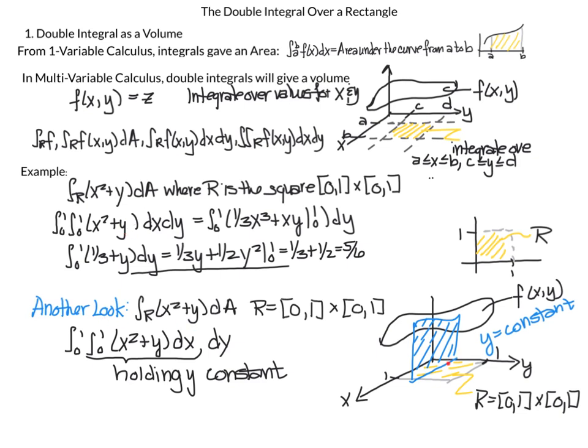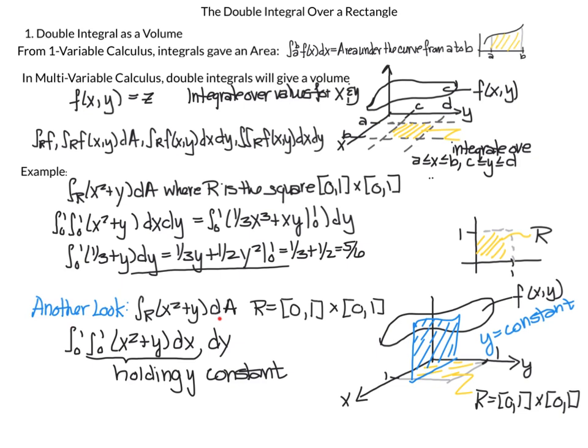So essentially we're holding y constant, and then for all values of x, we're summing up the heights f of x, y, or we're summing up the function f of x, y. So we're basically doing this one-dimensional integration, and we're going to get an area for one value of y. So that's what's happening in this inner integral. We're getting an area because we're holding y constant, and we're summing up all these heights.